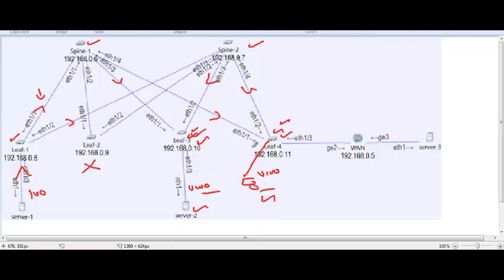So multicast helps us reduce the number of packets. If there is no multicast, and you want to send the ARP request to this leaf and this leaf, then you need to put the VTEP address of this and this, send 2 packets here, send the same 2 packets here, and this will receive it and send 1 copy to this one and 1 copy to this one.